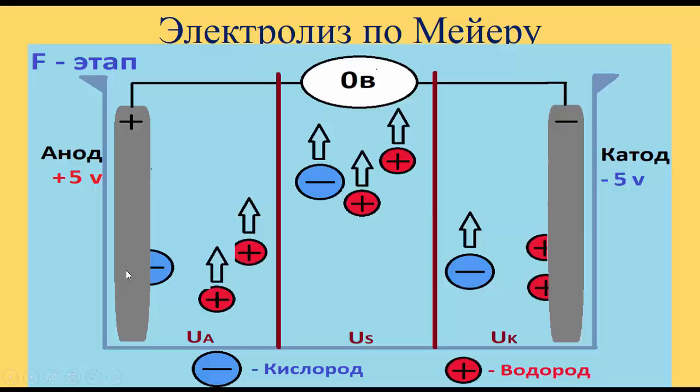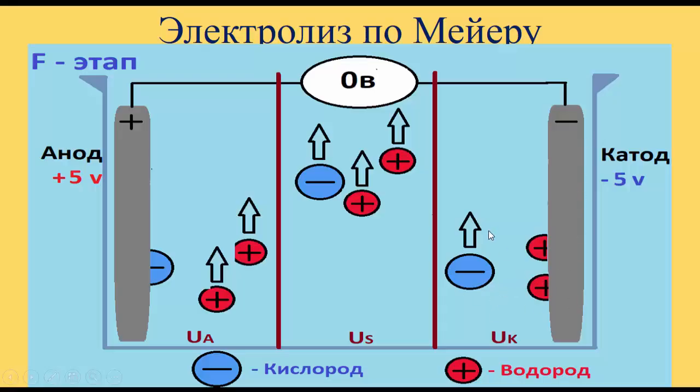Why? Well, because the residual potential of the electrode still remains. I just showed you how the residual potential is close to 0.5 volts. Respectively, at the cathode the residual potential is minus 0.5 volts. 0.5 volts causes positively charged hydrogen to stick to the cathode and negatively charged oxygen floats.